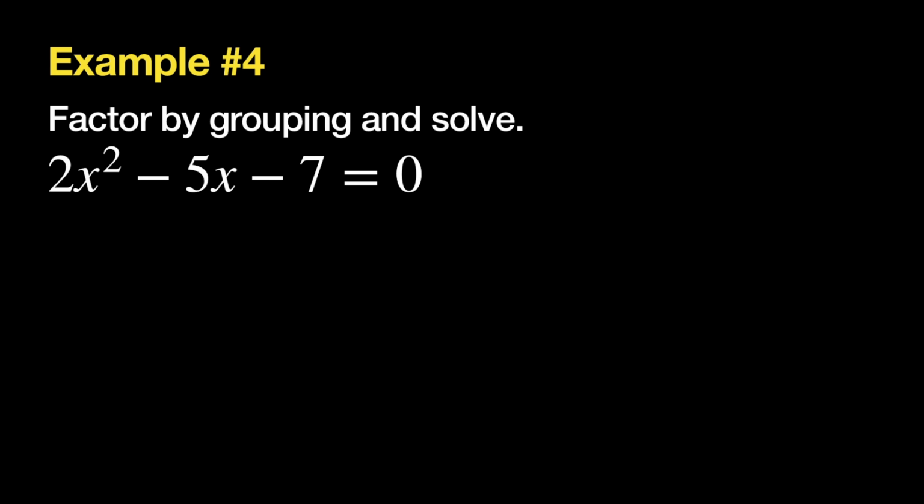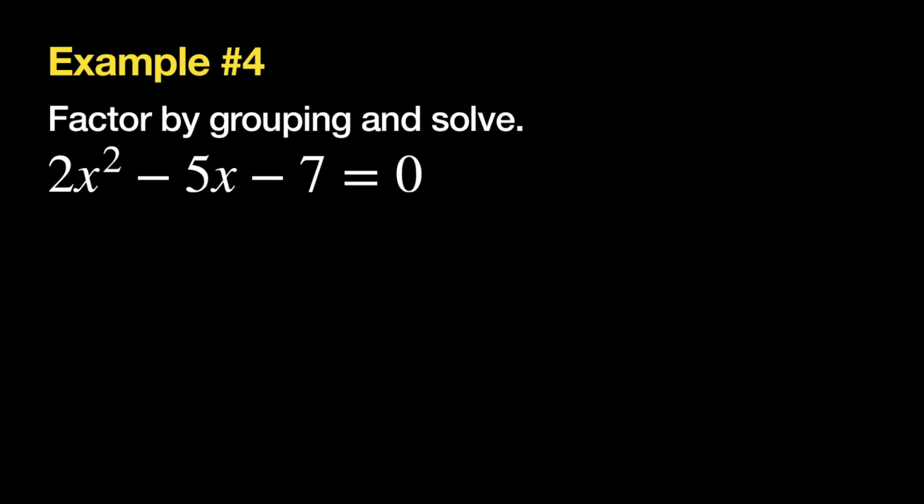So we're going to be looking for two numbers that when they multiply are going to give us 14 or negative 14, from the 2 and the 7, and then when you add them is going to give you negative 5.